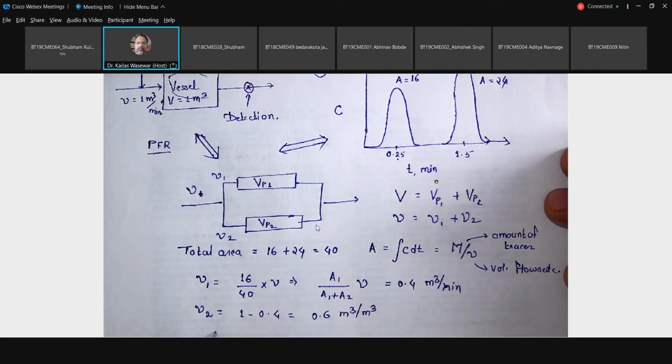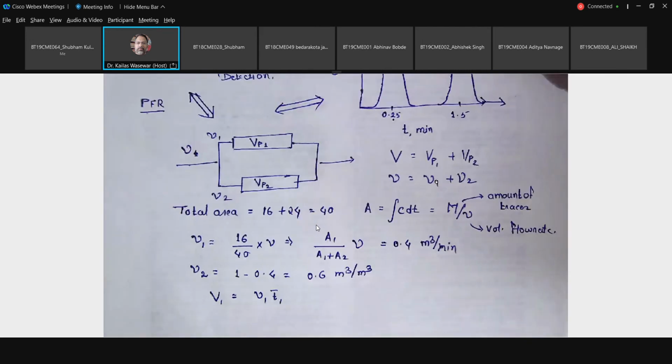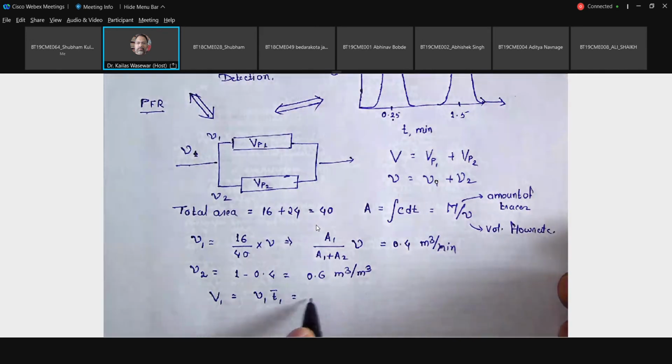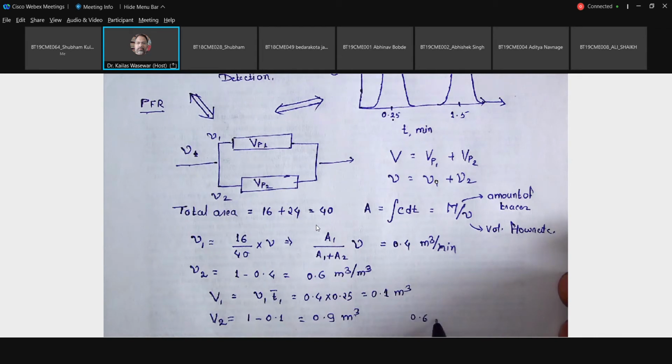So V1 is equal to the volumetric flow rate times the mean residence time, so this will be equal to 0.4 into 0.25, so it will become 0.1 meter cube, and the rest, V2, will be 1 minus 0.1, so it will be 0.9. Alternatively, you can come to this value by knowing v2 is 0.6, tau2 is 1.5, so this will become 0.9 meter cube as well.